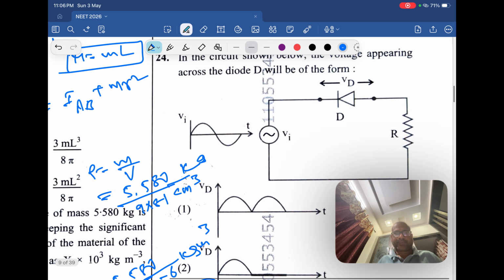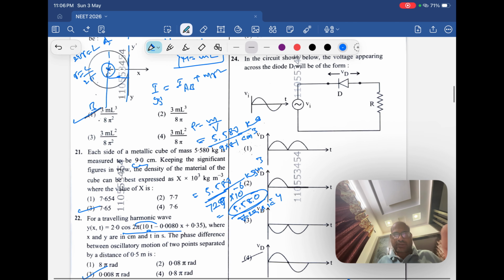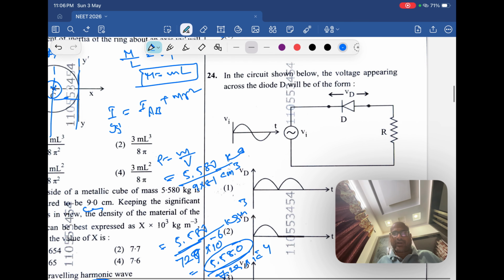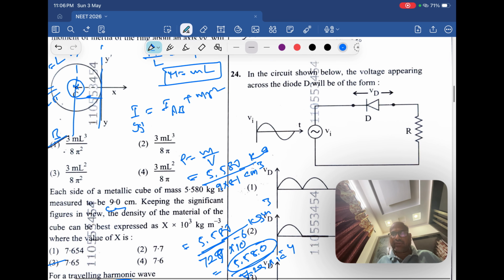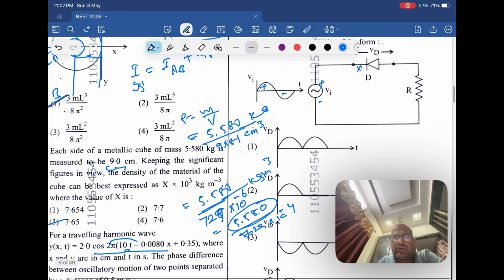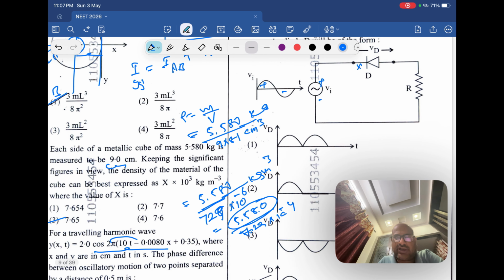Okay, now this question is looking like half wave rectifier. In the circuit shown below, voltage appearing across the diode D will be of the form. Okay, you are giving a sinusoidal signal, plus minus you are giving during positive cycle. If you consider here plus and minus, positive cycle it won't conduct, negative cycle it conducts. And next negative it will conduct, positive it will not conduct, so alternately.